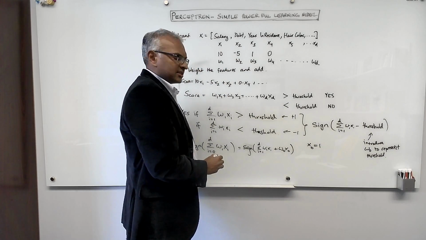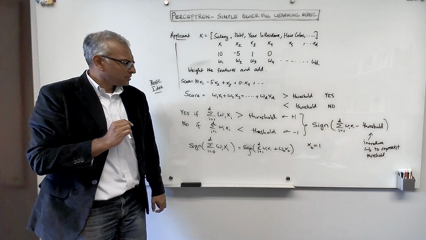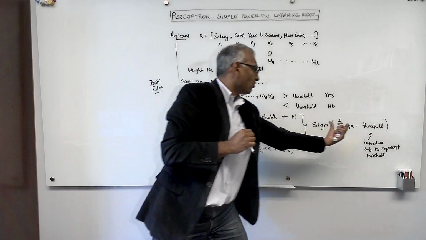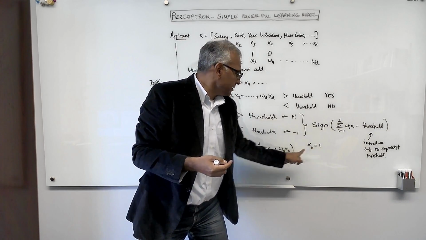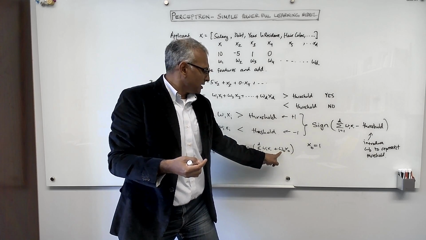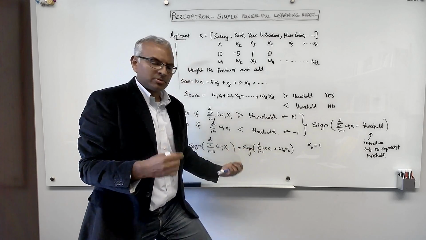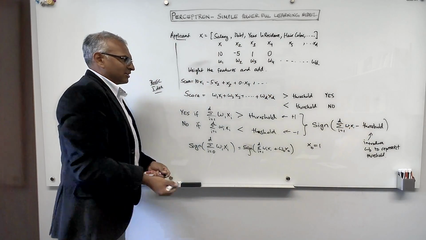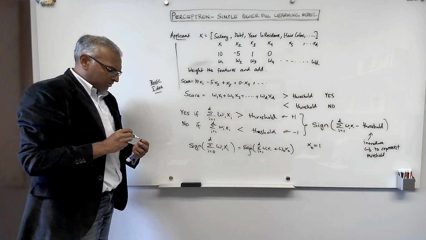So providing that x_0 is 1, w_0 then becomes the negative of the threshold. So this form and that form are basically the same, providing that x_0 is 1 and the weight w_0 is interpreted as the negative threshold. Whatever I set as the threshold, I take the negative of that for w_0.